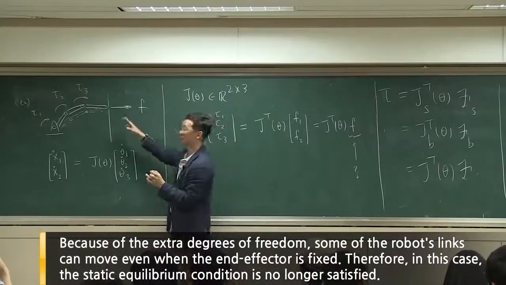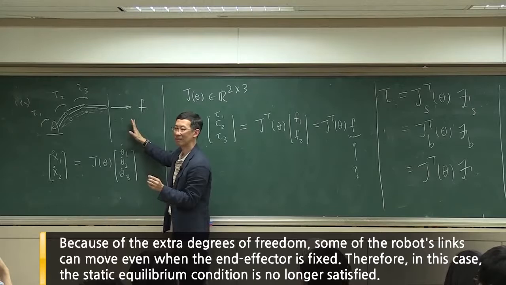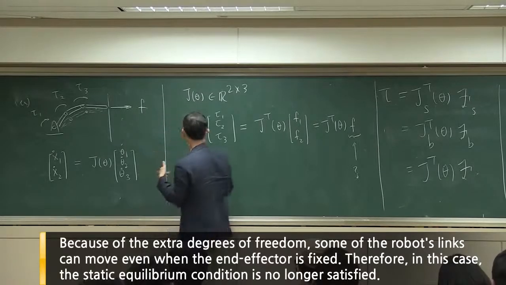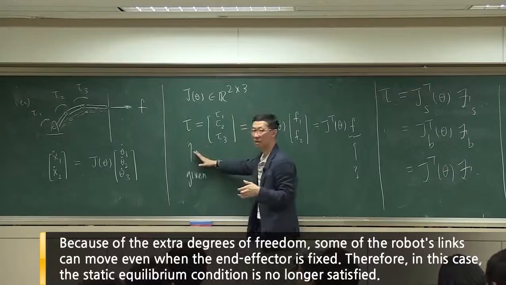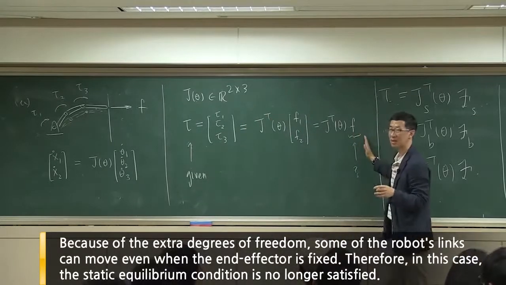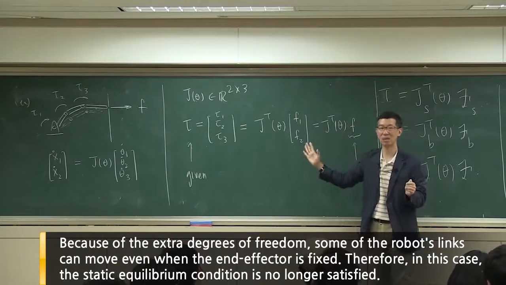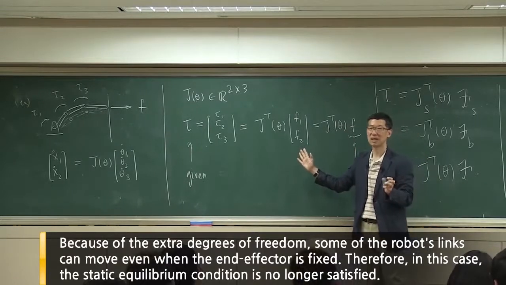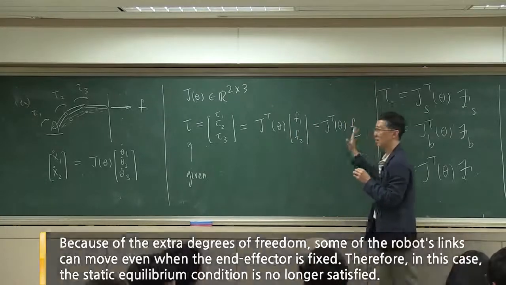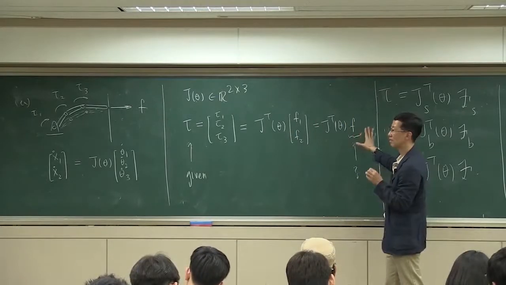So it violates this static equilibrium assumption. So to pose this question, given torque, find the force F generated at the tip, violates the static equilibrium assumption. If you want to consider the dynamics, then that makes sense, but it's not static equilibrium. So this doesn't work.